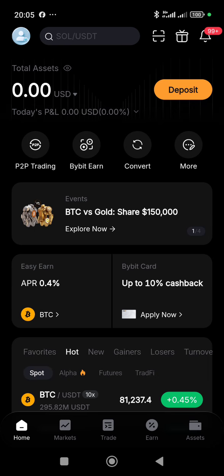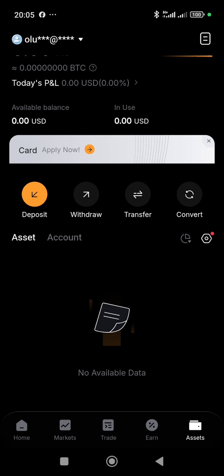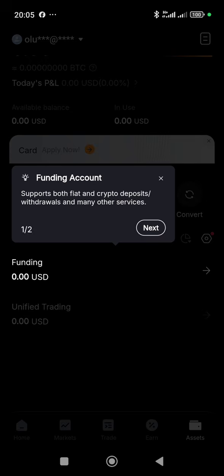Aside from that, we have the assets. This is talking about deposit, withdraw, transfer, and conversion. We have the assets account, the USDT account, funding your wallet, and the rest. So these are the interface of the Bybit app.